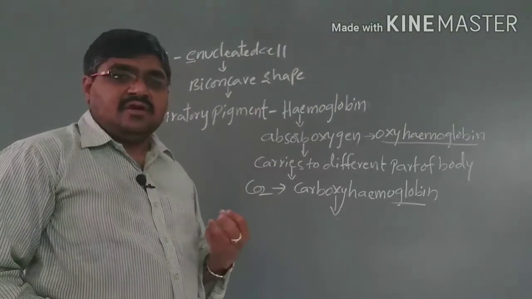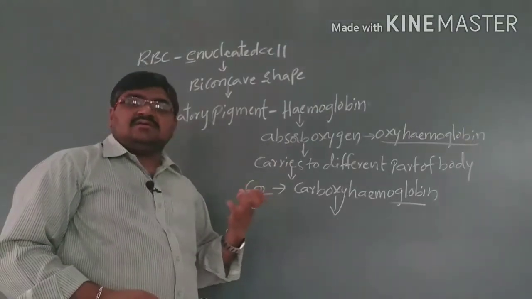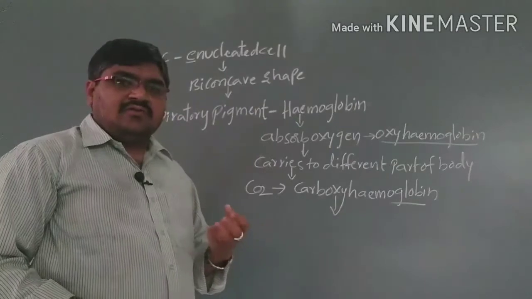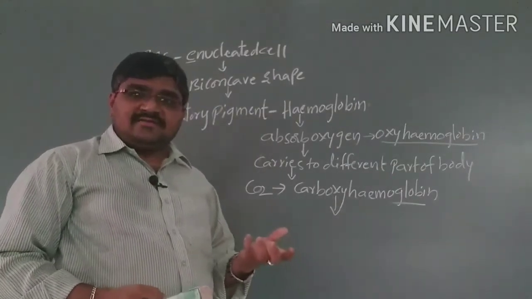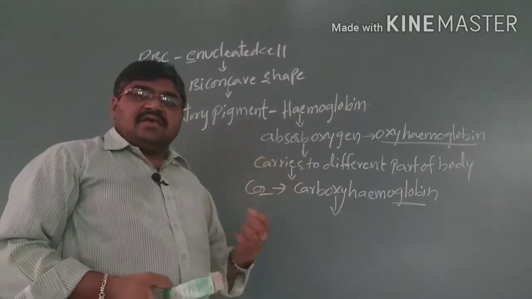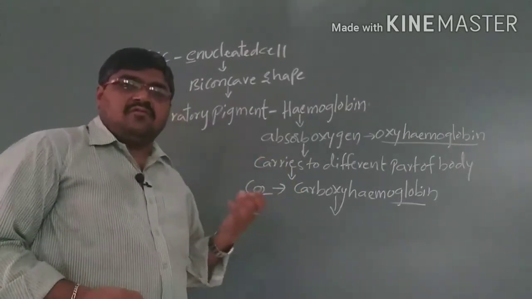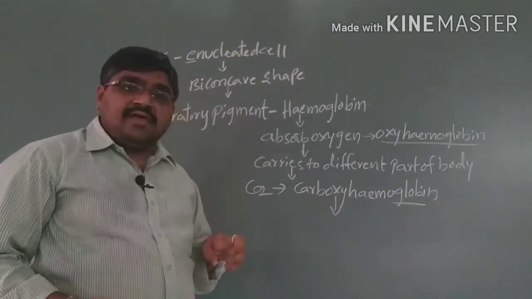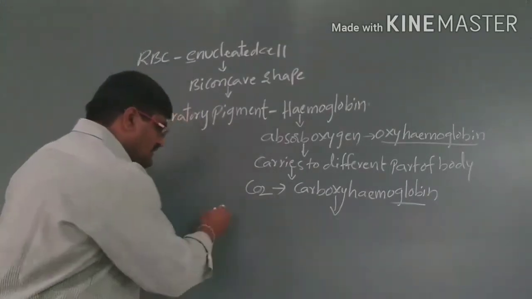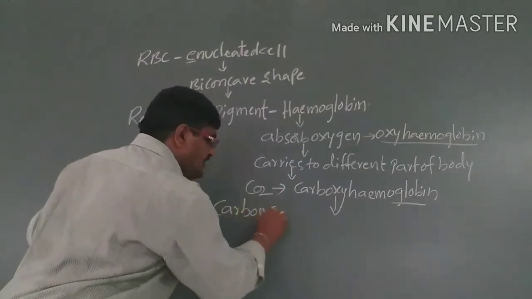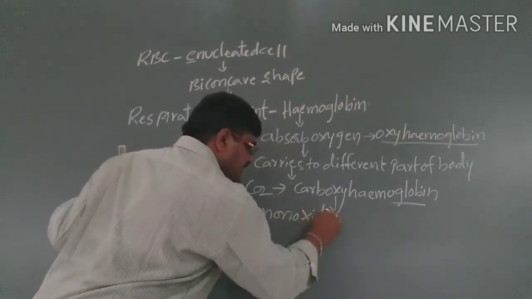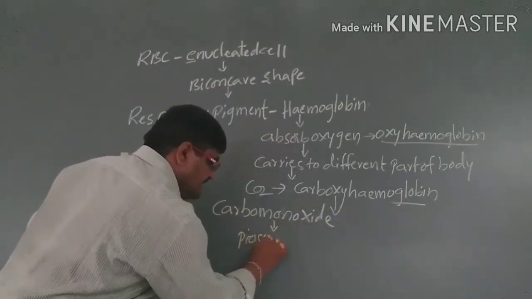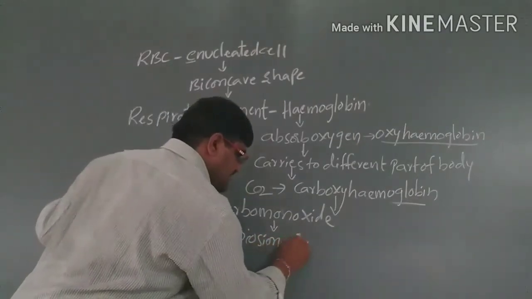If a person is sleeping near burning positions in a closed condition, that means no ventilators are present, here it leads to poisoning in the form of carbon monoxide, which is harmful to the body, where it forms carboxyhemoglobin.